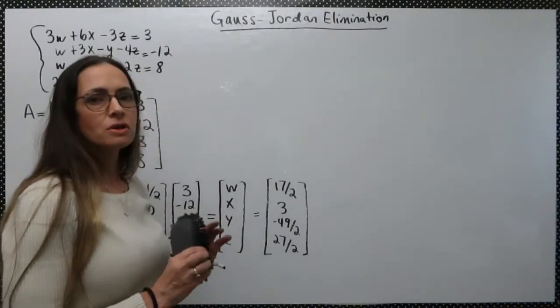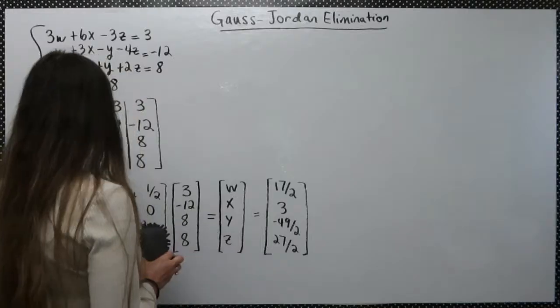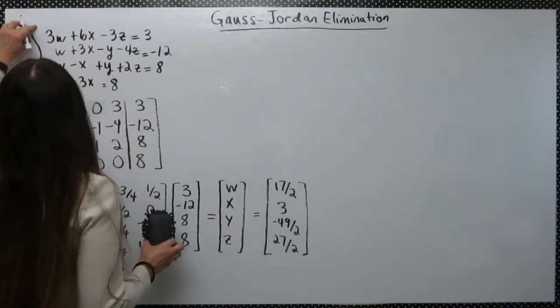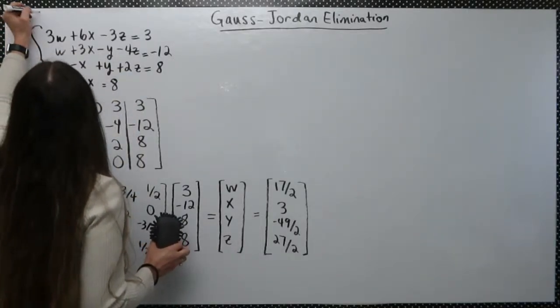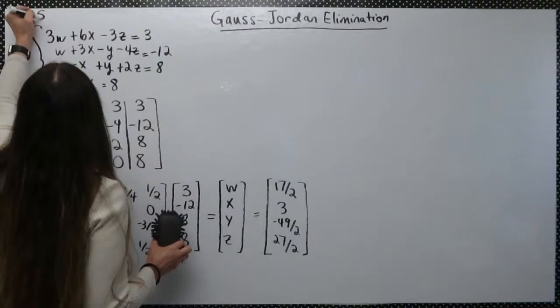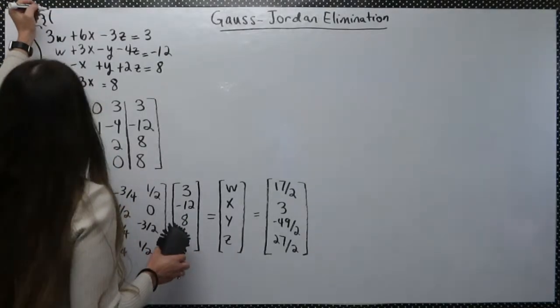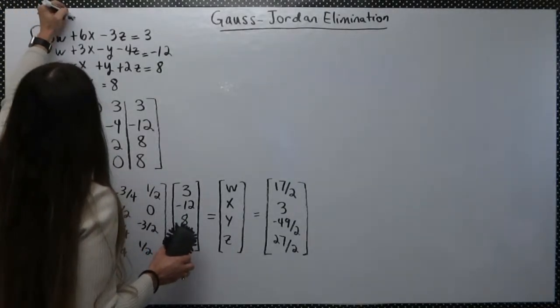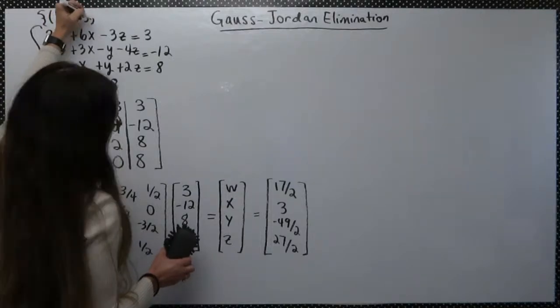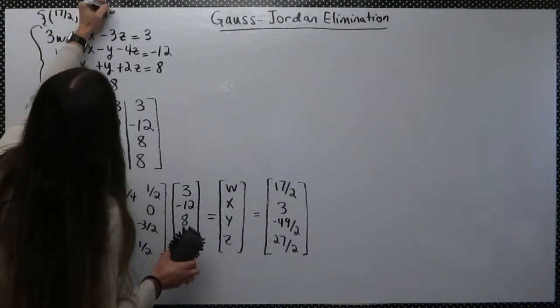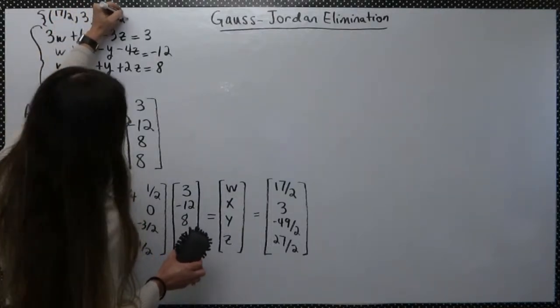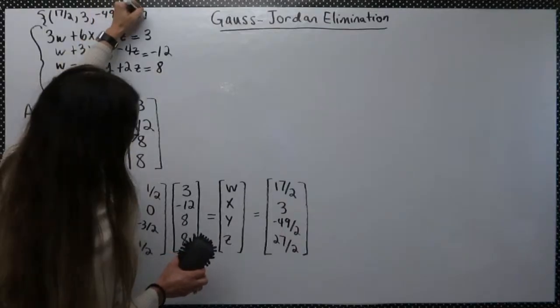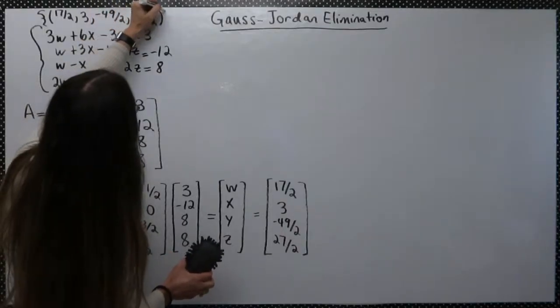Each system will have a unique solution. So there's only one W, one X, one Y, one Z. And according to my calculator, we've got 17 halves, 3, -49 over 2, and 27 over 2.